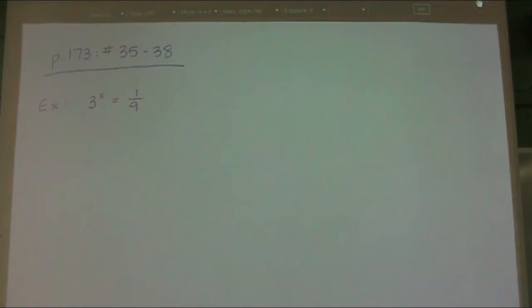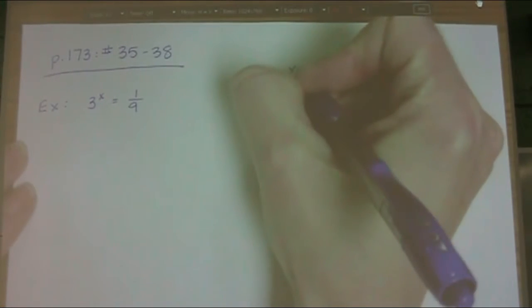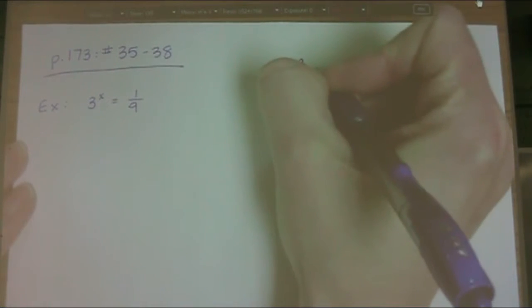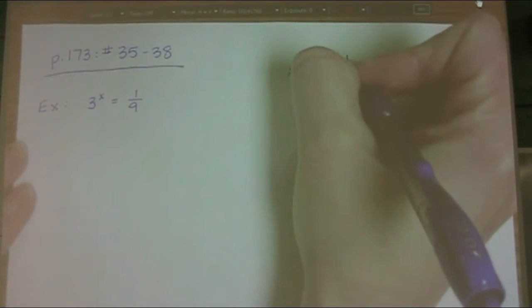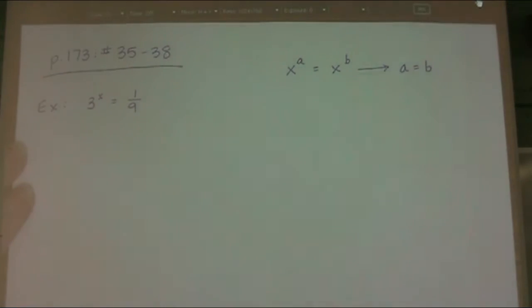And the concept is if you have an equation and you have the same base on both sides, then the exponents must be equal. So for example, if you have x to the a power equals x to the b power, that means a has to equal b. All right, this is what we're going to use to solve these types of problems.